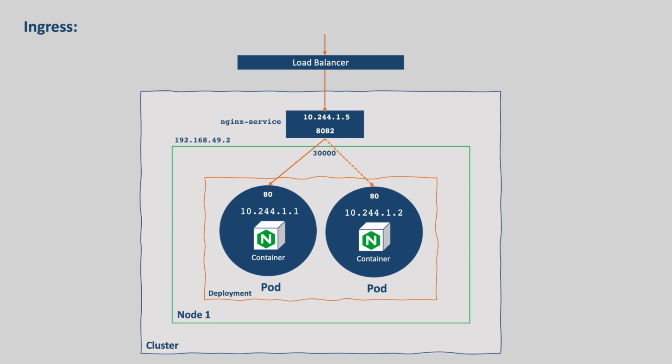And whenever we create a service of type load balancer, a new load balancer gets created in the cloud. Please note that we have to pay for each load balancer that is created. So when we have multiple services, it will increase the cost and it is difficult to manage all these load balancers.